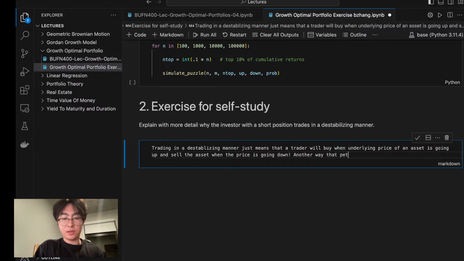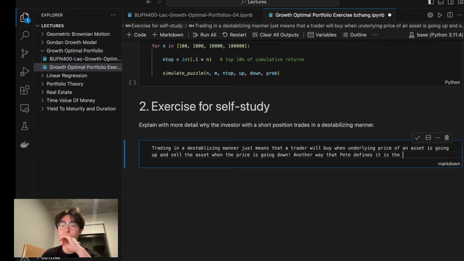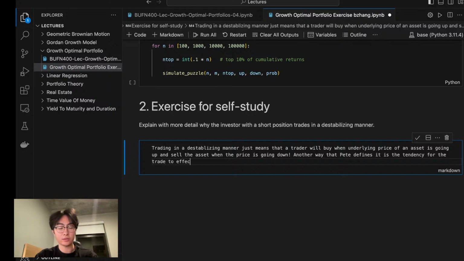Another way that Pete defines it is the tendency for the trade to go in a similar direction as the market.